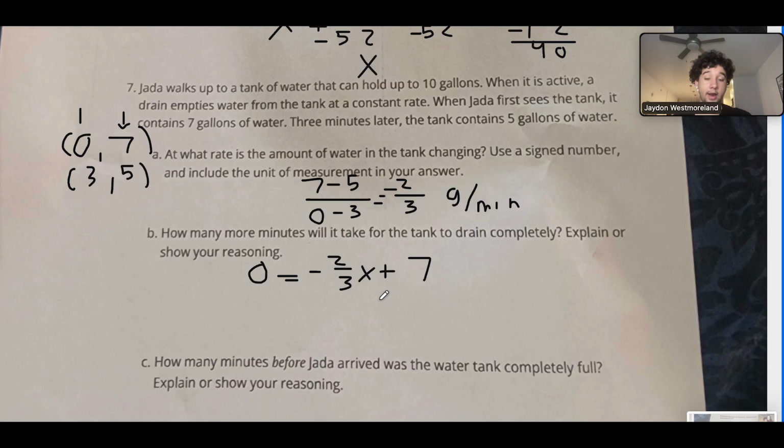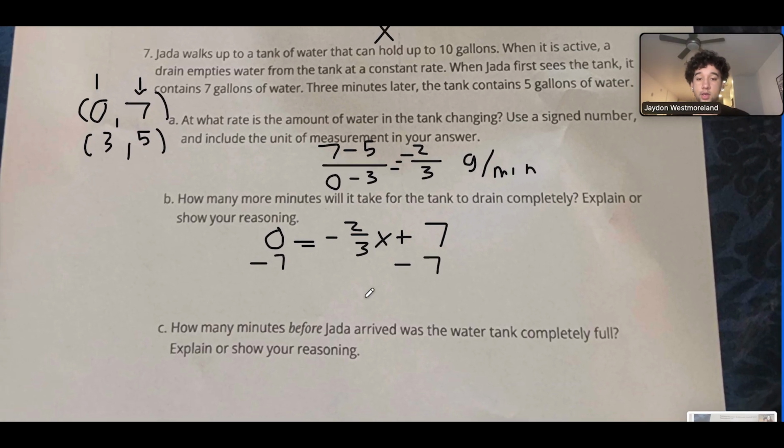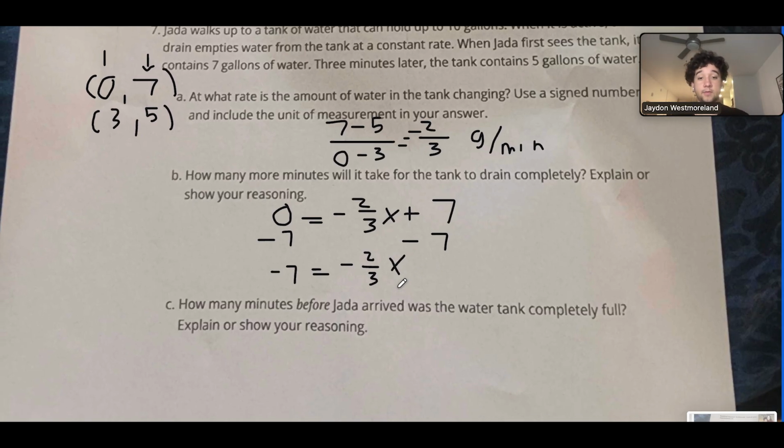So opposite of adding is subtracting. So negative 7, negative 7. Okay, so I have negative 7 is equal to negative 2/3 x. Now I'm going to divide both sides by negative 2/3. Dividing by a fraction is the same thing as multiplying by that fraction flipped over.